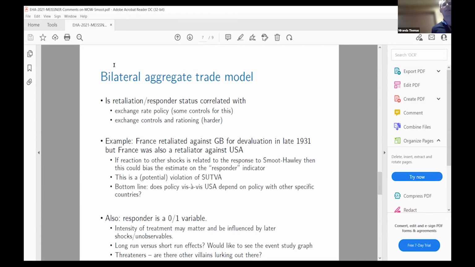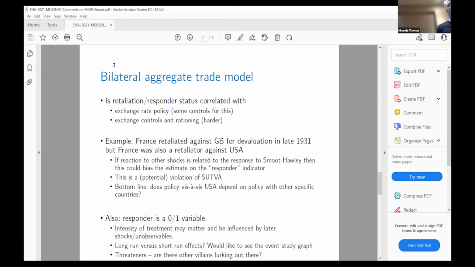As a specific example, from the literature, France responds to Britain's devaluation of sterling in late 1931, but France was also, according to the paper and historical evidence, a retaliator against Smoot-Hawley. So I guess the question here is, if the reaction to other shocks depends on previous or future reactions to U.S. trade policy, where does that leave us?